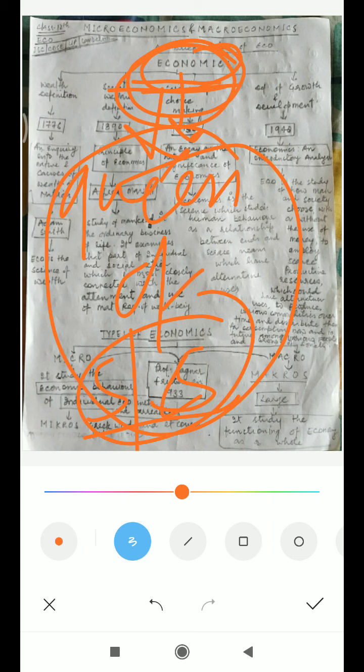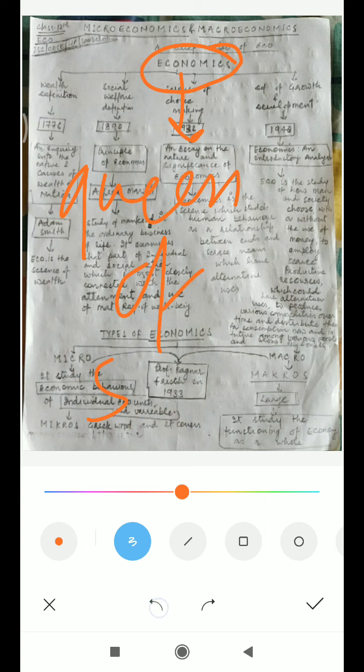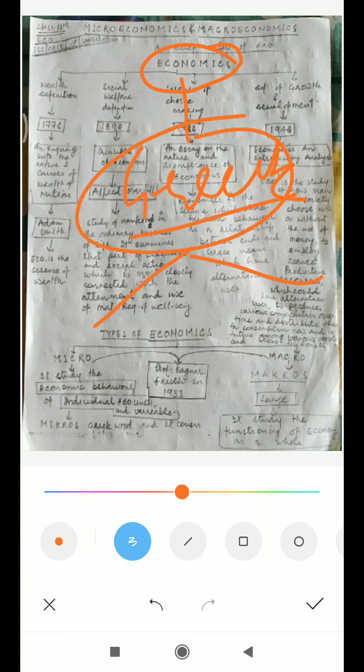So first of all, we will see the meaning and definition of economics. How do we define economics? As we studied in class 11th, economics is a Greek word, made from two words, oikos and nomos. Oikos means household and nomos means management.